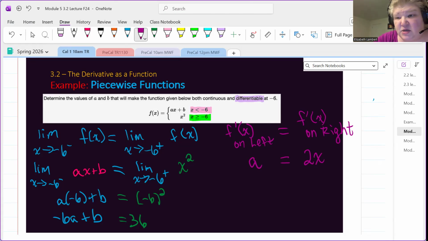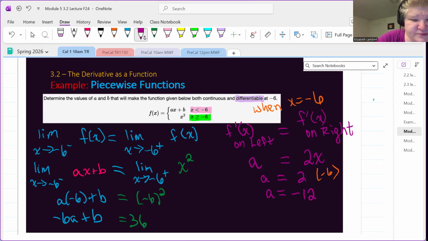So we're looking at not just the derivative, but the derivative at x equals -6. Sorry, I said 6, -6. So we're going to substitute that in. So I have a equals 2 times -6. Well, that means a is -12. Ooh, I'm halfway there.